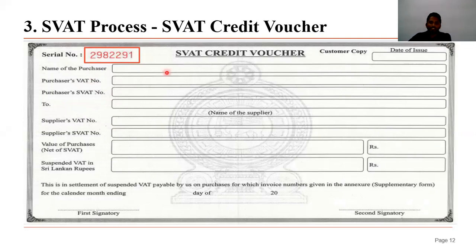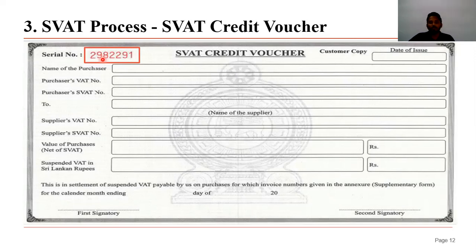Then these serial numbers are only for one person. It's a number sequence. The IRD system allocates to only one person up to 50 or 100 or 150. Then no one can use this number again. If RIP just puts a random number, thinking any number will do, then they can't approve the SVAT.